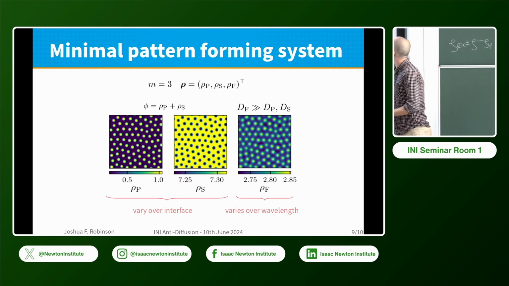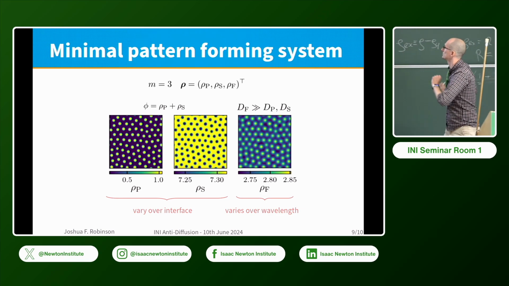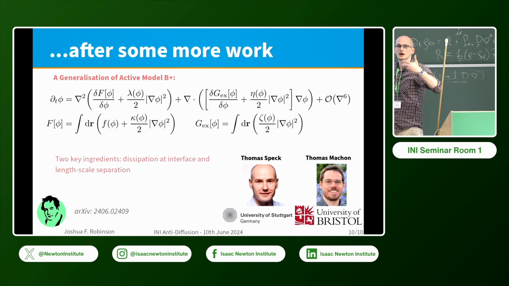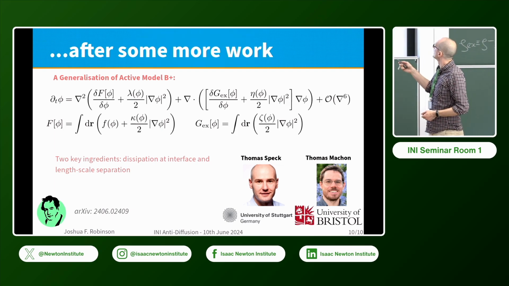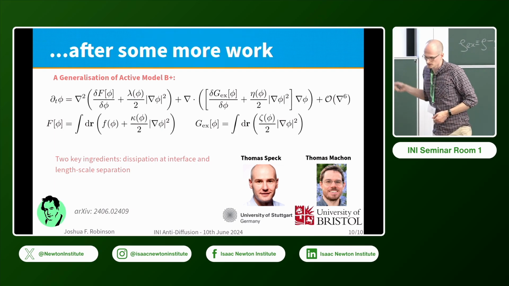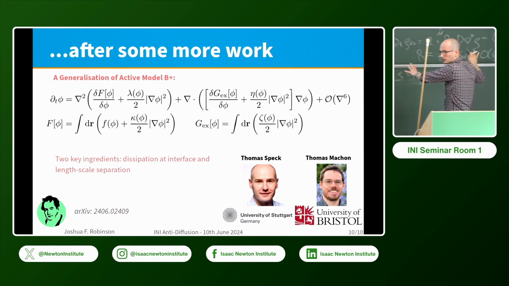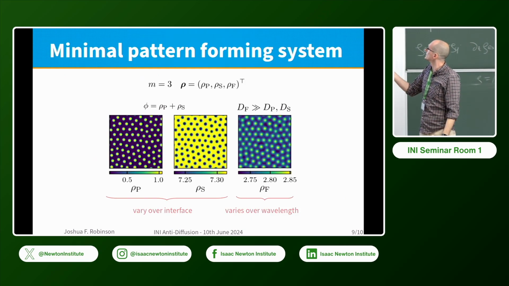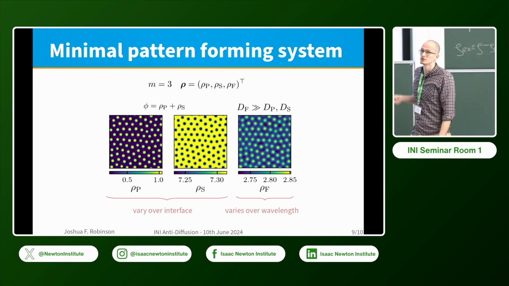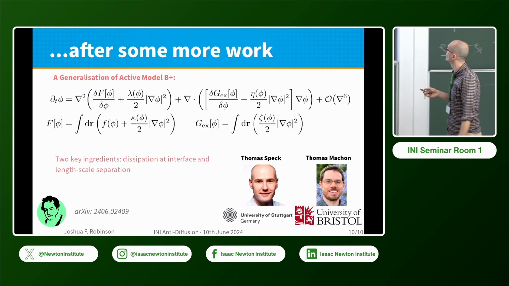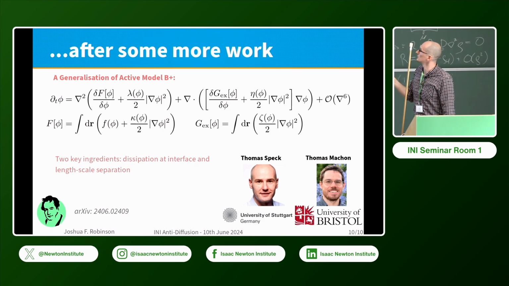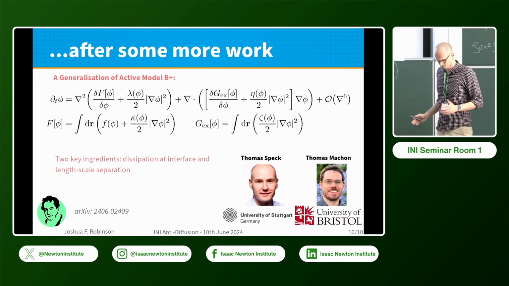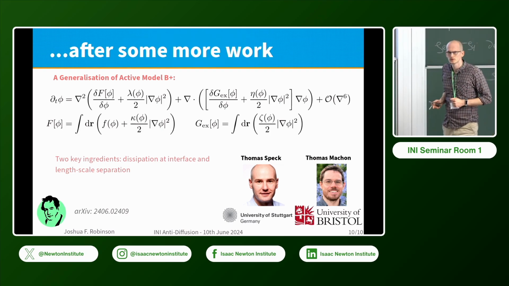It's a bit technical to get there. You need two generalizations of what I've presented, but in the end you do get something like active model B plus, where the leading terms arise from a very similar argument as I just presented, but in terms of the components that vary over a short length scale. You get a second free energy functional which captures the longer wavelength, the longer length scale variation.